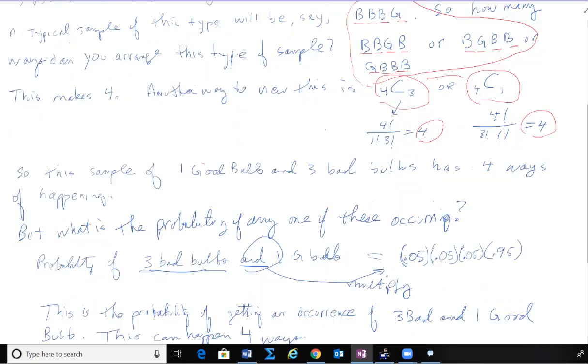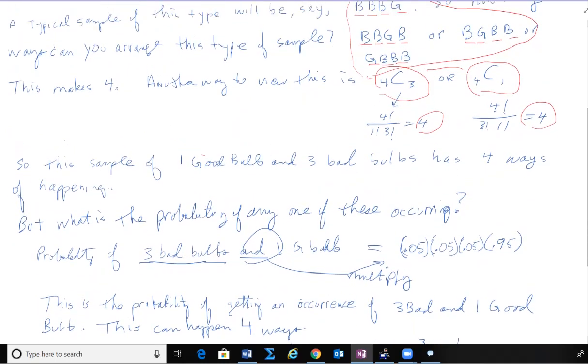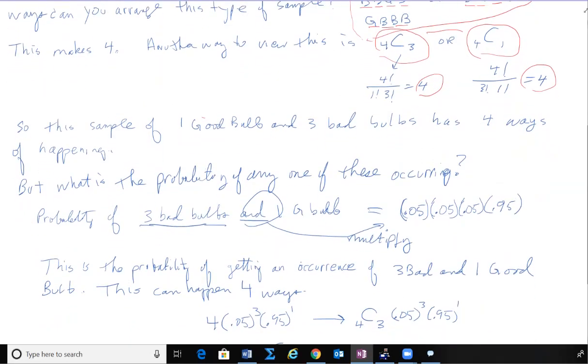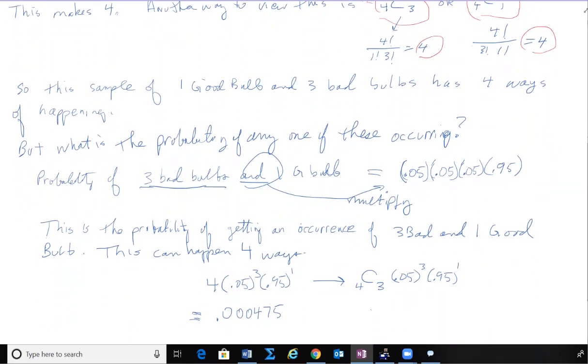So one way we could do is assign a probability to a single one of these occurring. And then we know that that can be done 4 different ways, so we would multiply it by 4. So now what we look at is the probability. Here it is. In other words, what's the probability of getting 3 bad bulbs and 1 good bulb?